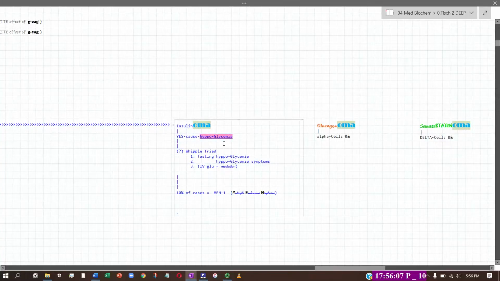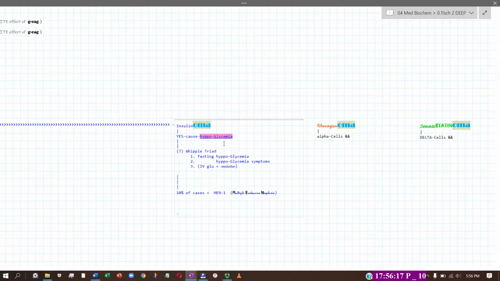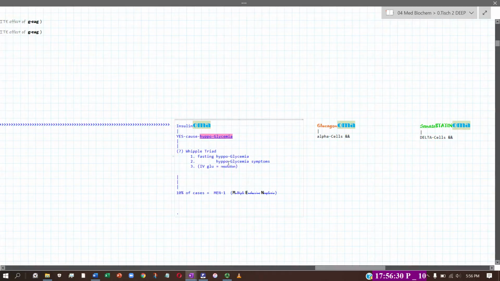It causes hypoglycemia, and there's something called the Whipple triad. I didn't go into details, but here is a short description of the triad. You have fasting hypoglycemia, and then you have hypoglycemia symptoms. In regards to the hypoglycemia, the patient experiences resolution after IV glucose has been administered.